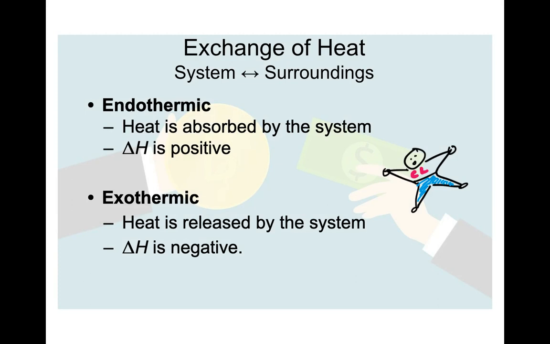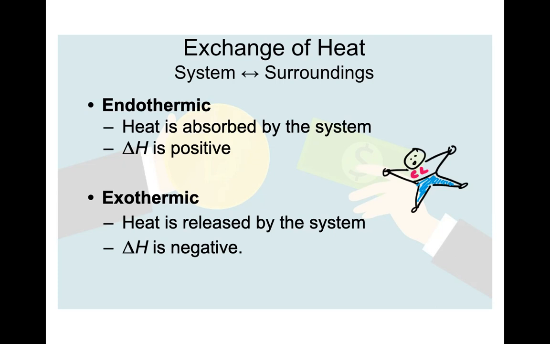So how do we apply that? Well, first off, there's two categories of processes. Endothermic, where heat is absorbed by a system and the change in enthalpy is positive, and exothermic, where heat is released by the system, the delta H is negative.